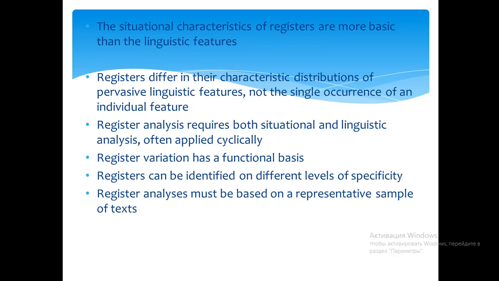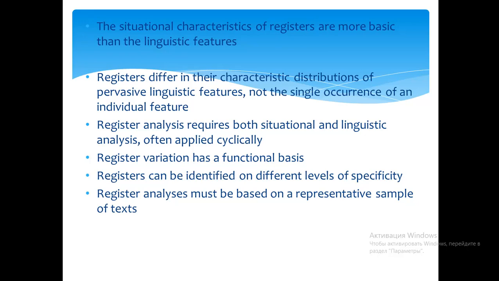It should be mentioned that many intriguing results can come from small register analyses. However, you should always remember that you cannot generalize to a register from an analysis with a small number of texts unless you have supporting evidence from larger scale studies.